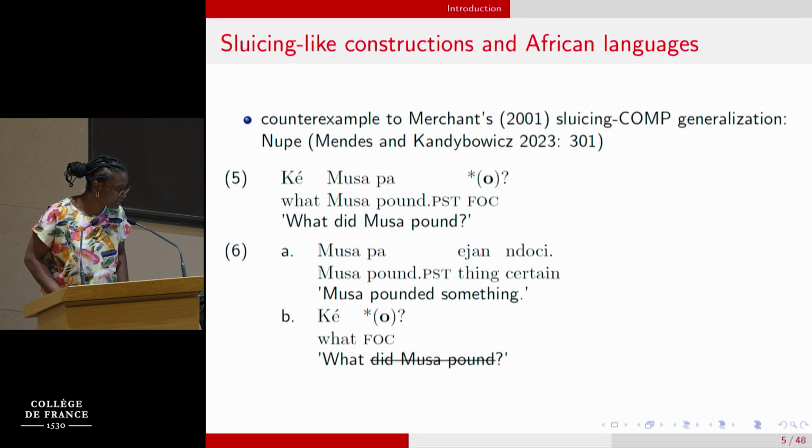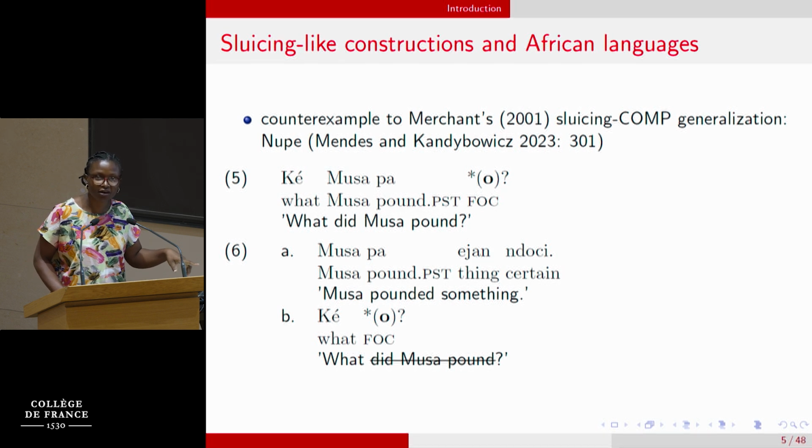And then in the example in 6, where we have the sluicing-like construction, they assume that the sluice has identical structure to the non-sluice site. But what we see is that what you have left in the sluice is not just the WH, but you also must have the focus marker as well.